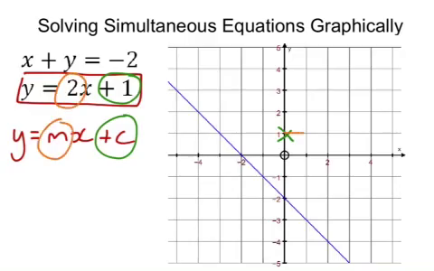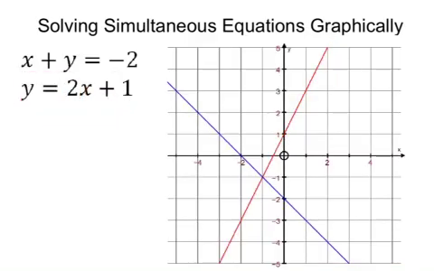So that means for every 1 to the right, it goes 2 up. So it's going to go through these points here. And then when we join those points up, we get that line through there. Once again, we get a straight line version of this, all neatly done.